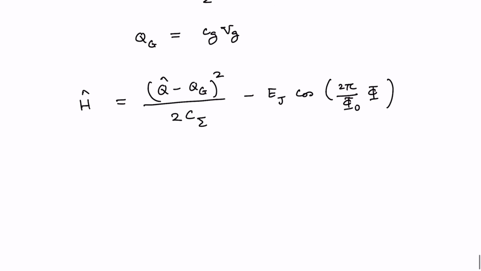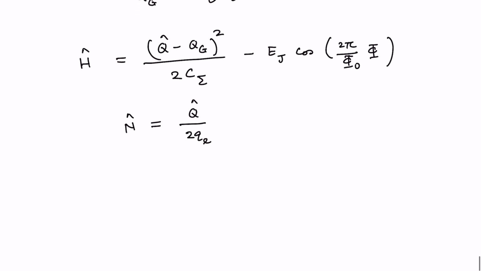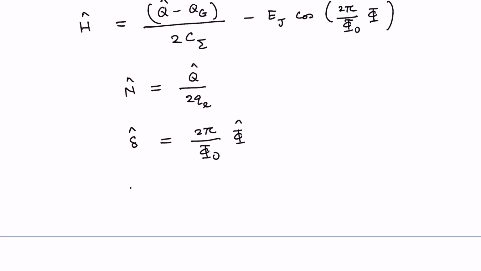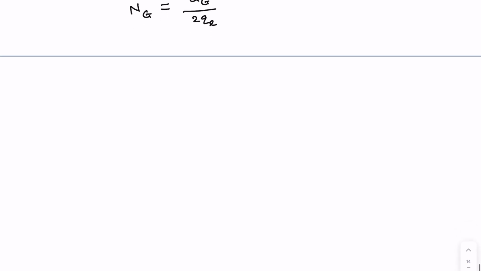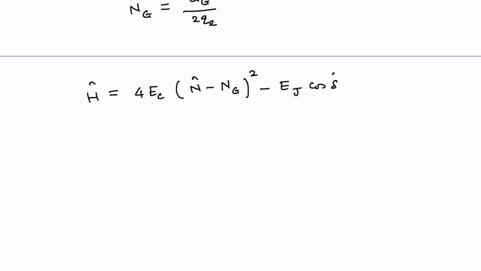Again, defining the Cooper pair number operator as n cap equal to q cap divided by twice Qe, and defining the phase operator delta cap equal to 2 pi by phi 0 times the magnetic flux operator phi cap, and defining the parameter Ng equal to Qg divided by twice Qe, we can write the general charge qubit Hamiltonian as H equal to 4Ec times (n cap minus Ng) whole square minus Ej cosine of delta cap.